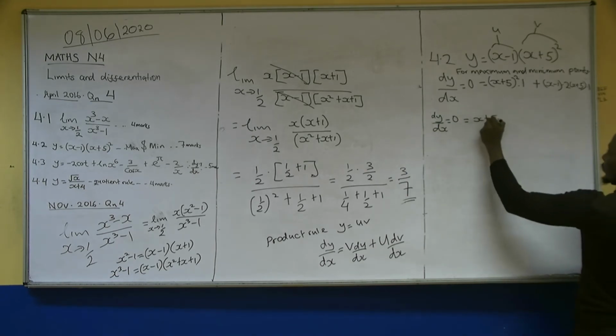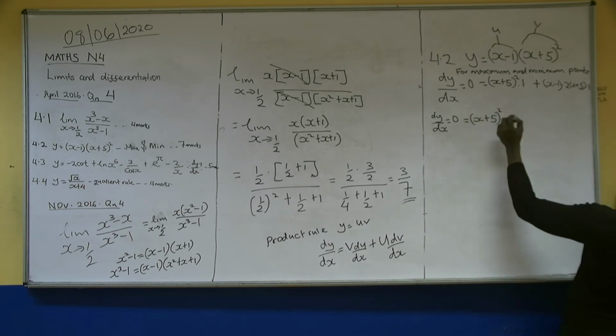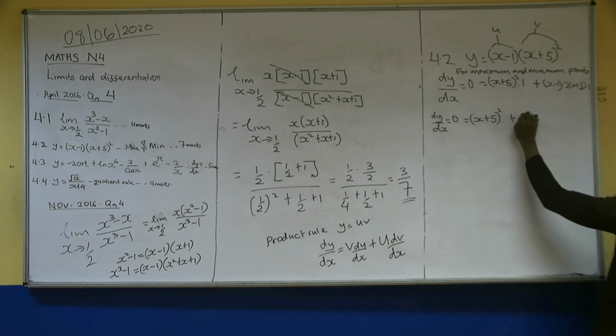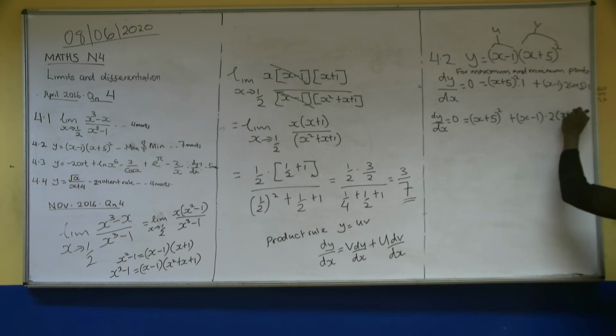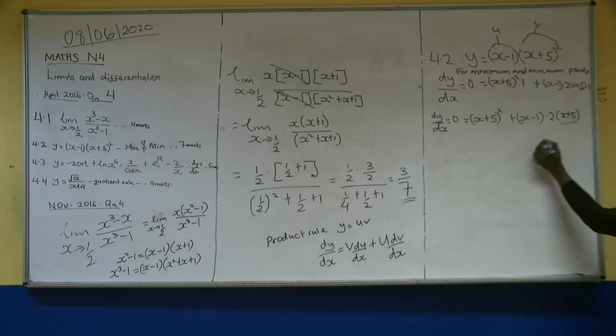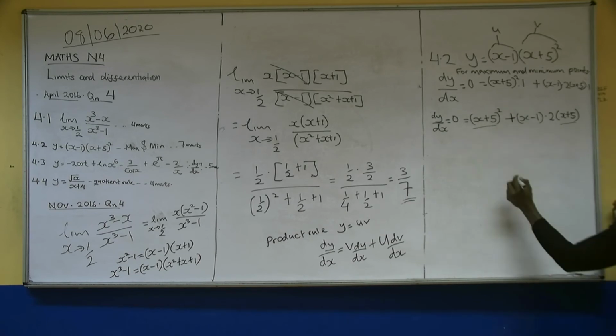We get (x plus 5) squared plus (x minus 1) times 2 into (x plus 5). We can factorize out x plus 5 because it occurs on this side and even this side. Remember, we are adding them.